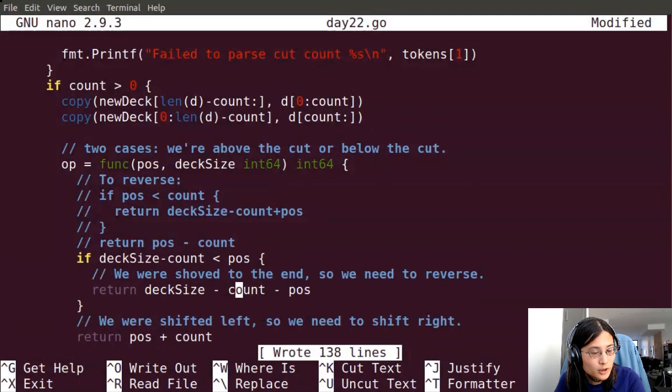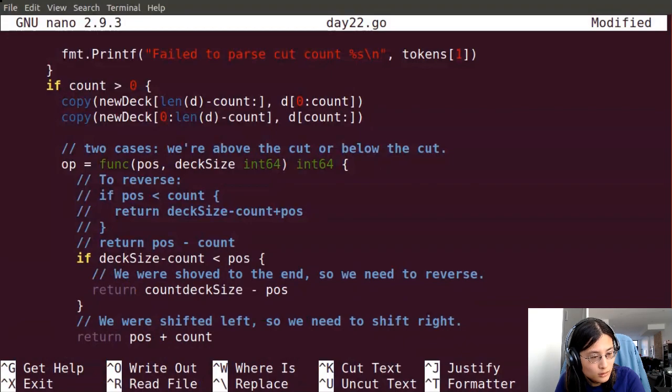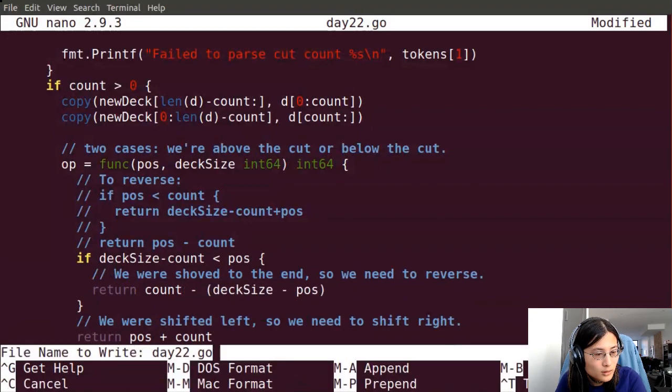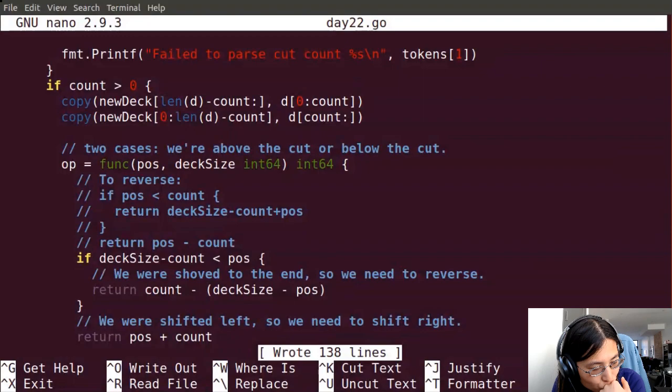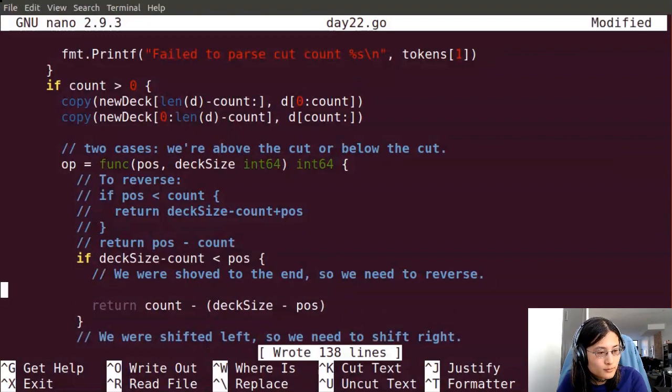Deck size minus. Let's see. That should work. Let's think about this.